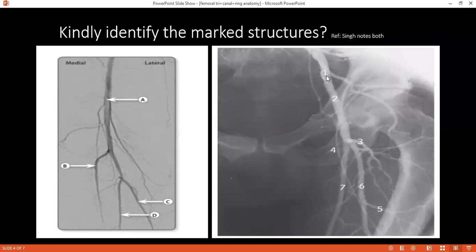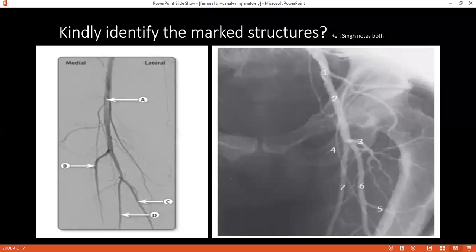So what was 1? 1 is the catheter, introduced in the right common femoral artery. 2 is the common femoral artery. 3 is the lateral circumflex femoral artery. 4 is the medial circumflex femoral. 5 is the perforating artery. 6 is the profunda femoris artery, and 7 is the superficial femoral artery. It was very good, considering that this is the first time you are presenting.